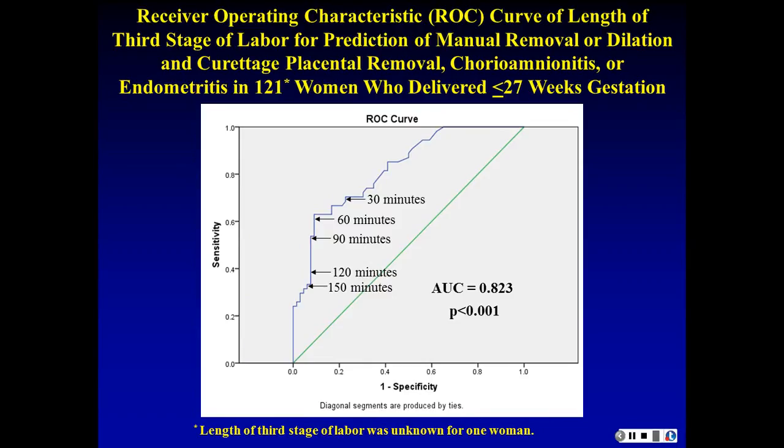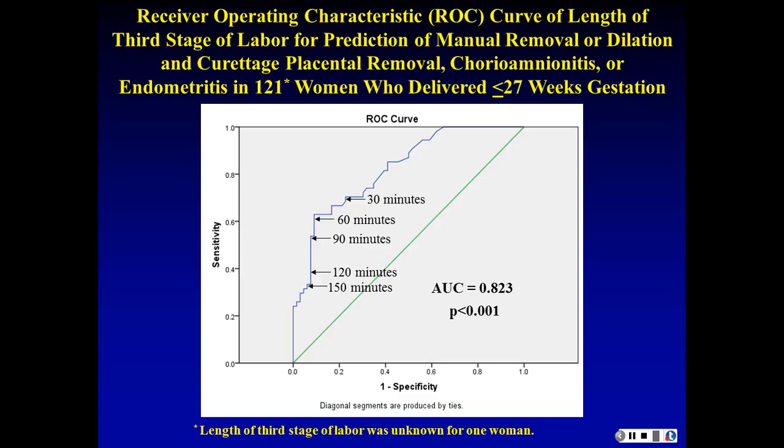We wanted to know the relationship of length of the third stage of labor for predicting a composite endpoint. The composite endpoint consisted of manual removal of the placenta, dilation and curettage removal of the placenta, chorioamnionitis, or endometritis. So if a woman had any of these endpoints, she was included in the composite outcome.